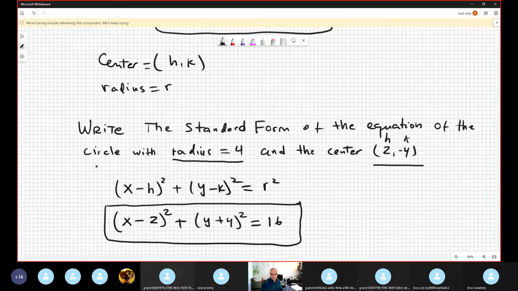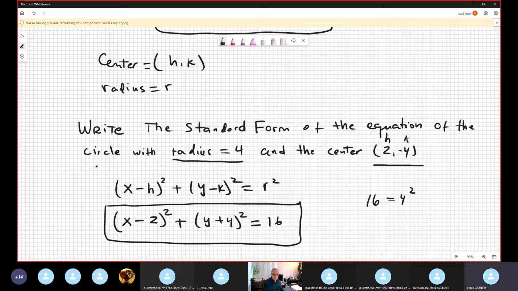And the right-hand side is not the radius, it's the radius squared. So it's not 4, it's 16. Where does 16 come from? 16 is 4 squared, right? Cool?